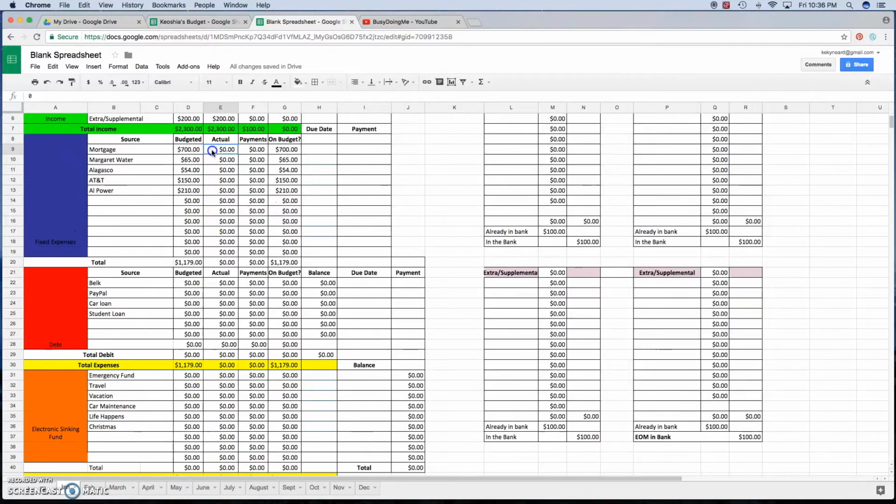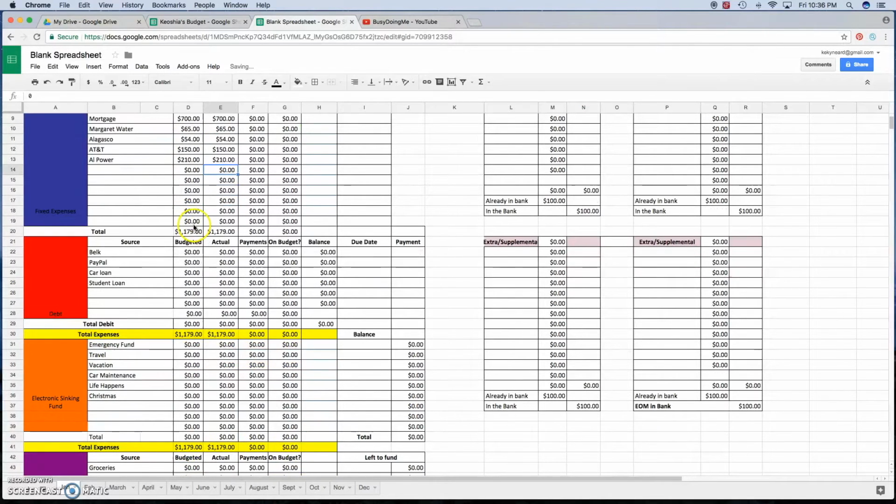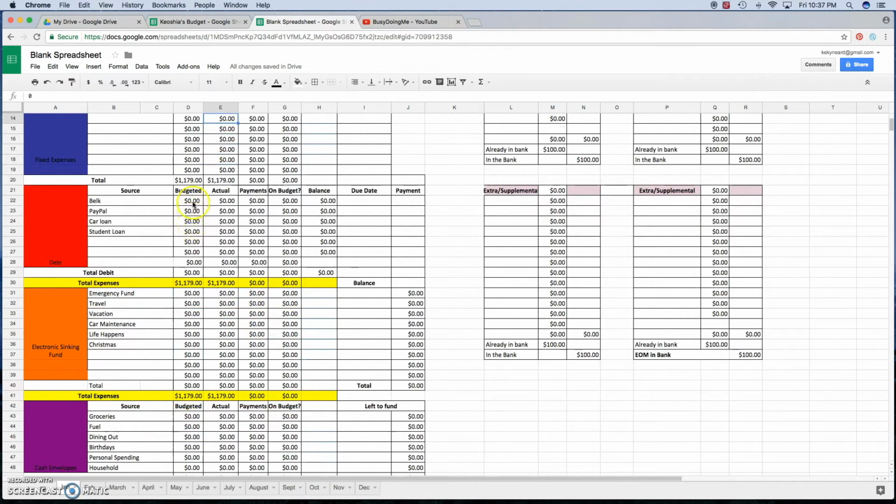And now remember, when you're budgeting, this is the week before the month is going to start. That's usually when I budget. You're just going to make all of the numbers match. Just make them all match, okay? And I'll explain to you why you're going to do that way later. So right now, all of our fixed incomes should cost us $1,179 according to what we have.